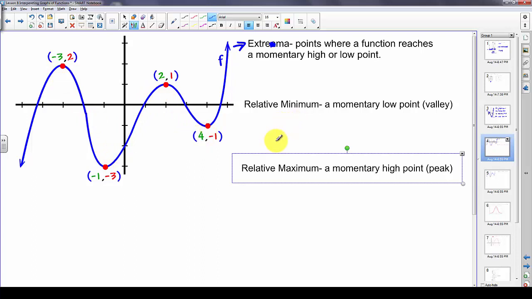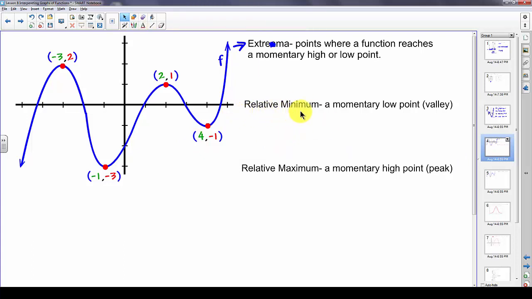We talk about extrema being one of two types: either relative minimums, in other words, they reach a momentary low value, or I call it a valley sometimes, and a relative maximum is where they reach a relative high point. So these 2 points here are peaks.